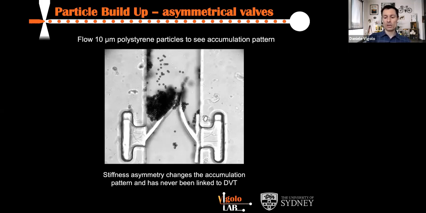We know that, for example, older people have higher probability to get DVT, and that's also linked to the fact that the valves themselves become stiffer with age. But in this case, it's really the fact that they're not symmetric that really creates this huge imbalance. And so, in a sense, the properties of the elasticity of the valves and the flow pattern are affecting how the formation of the thrombus happens.